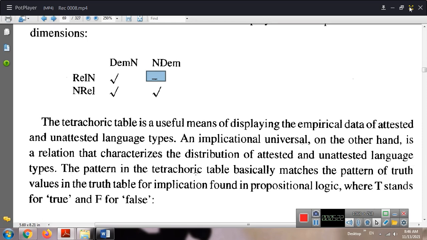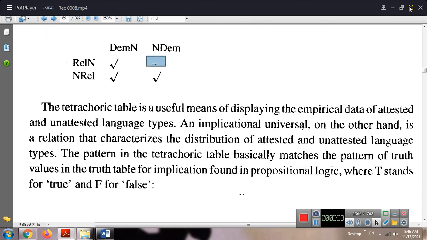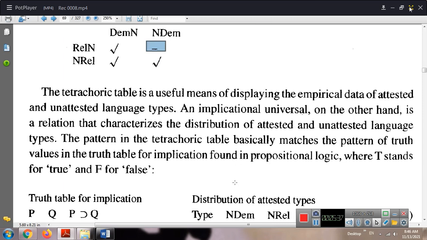The pattern in the tetrachoric table basically matches the pattern of truth values in the truth table for implication found in propositional logic, where T stands for true and F stands for false. Here we try to show this tetrachoric table through the true and false table.